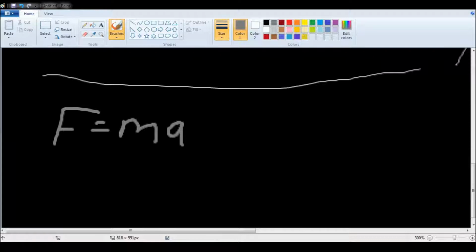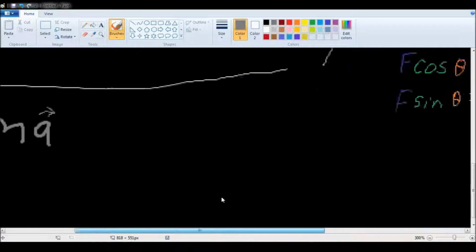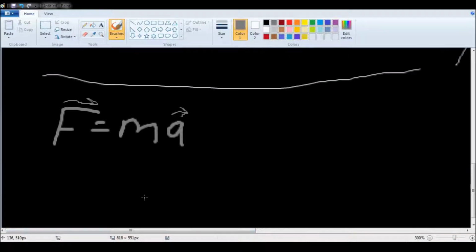Now in this equation, what they don't show you is that both F and a are vector quantities. It's not a sin to leave the vectors off, but it's technically incorrect. Both of those are vector quantities, unless of course you are talking just about the magnitude, which is also true.